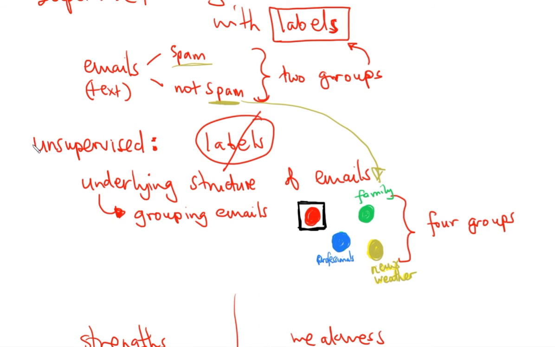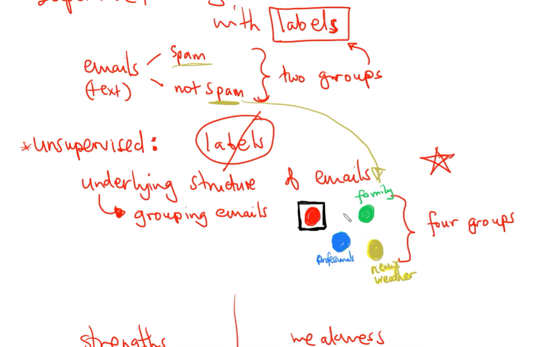So you see here in unsupervised, it puts the emails in different groups, right? So when the patterns are changing, let's say another new email comes in, and unsupervised says, I don't know, this email doesn't really fit into any one of these groups.